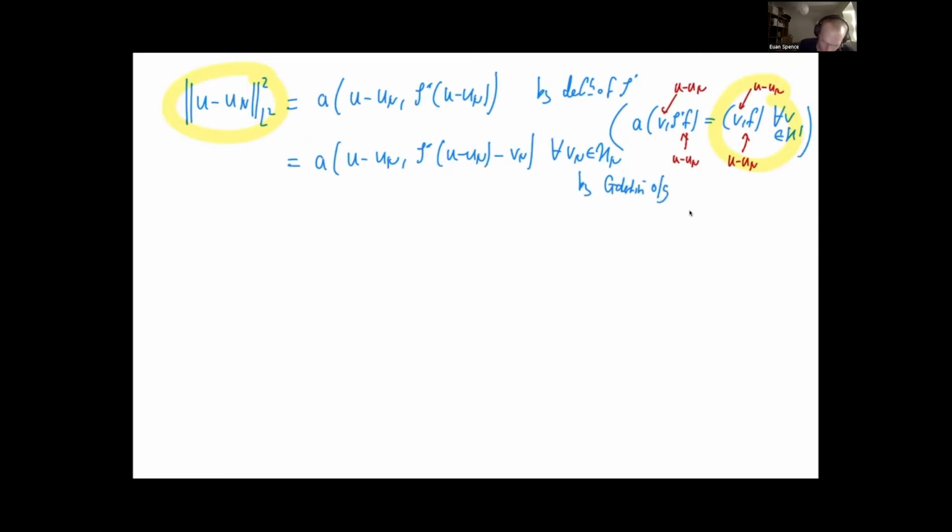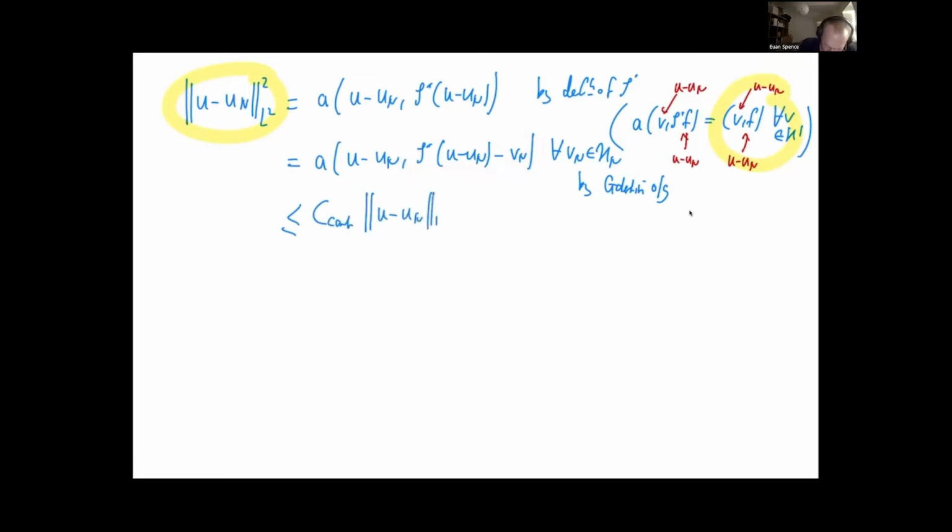Because this is for all vn, this is related to how well this adjoint solution operator is approximated in the finite element space.